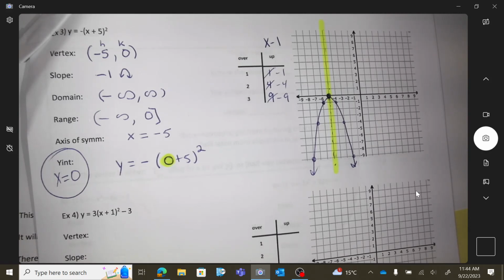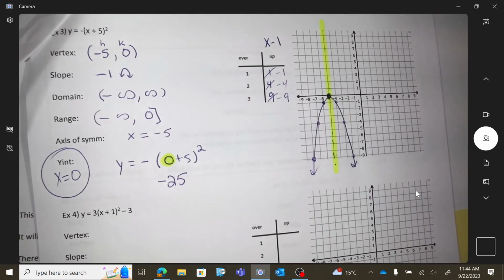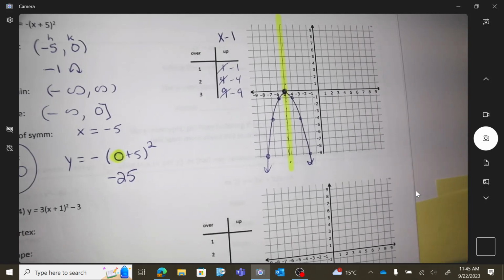Brackets, then evaluate exponent, then there's actually a multiply after that. So what do you have in brackets? Square it, then multiply. Did you get a -25 out of doing that? Would it make sense on your drawing that this is going to go here, down, cross?